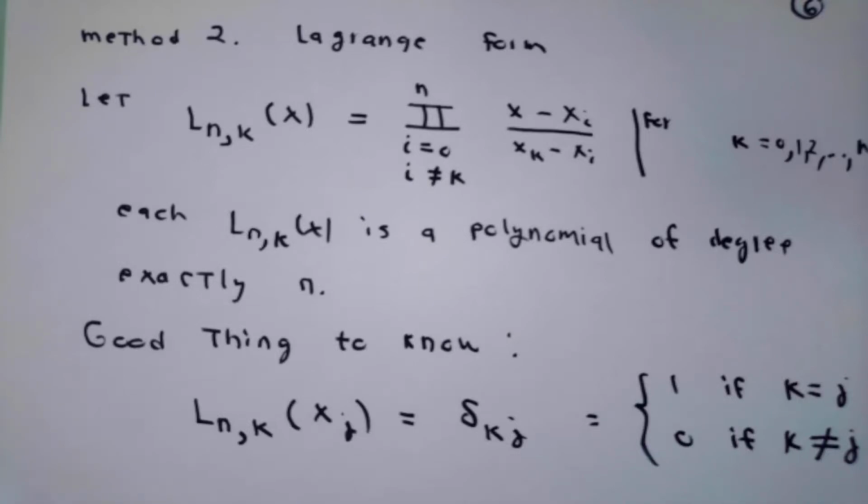If I take polynomial Ln,k and evaluate it at one of the x numbers from my data set, what I get back is the Kronecker delta. This is a quantity delta kj, which is equal to 1 if k and j are the same thing, and is equal to 0 if they're not.